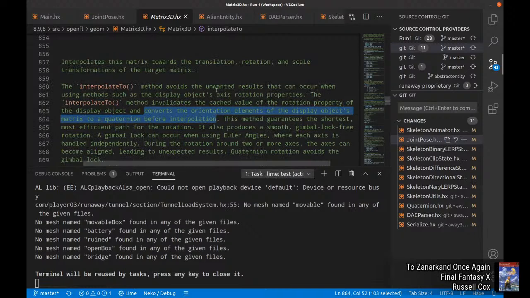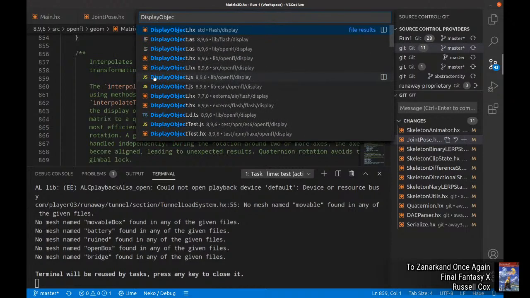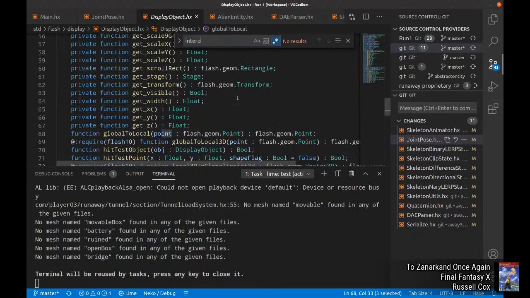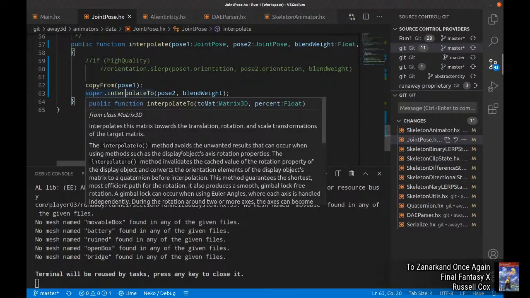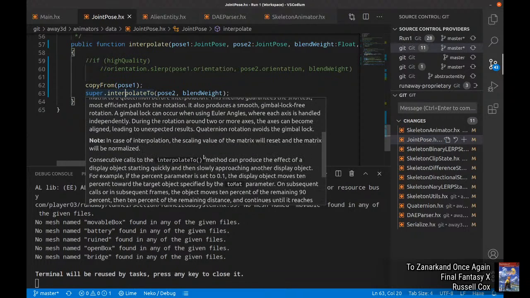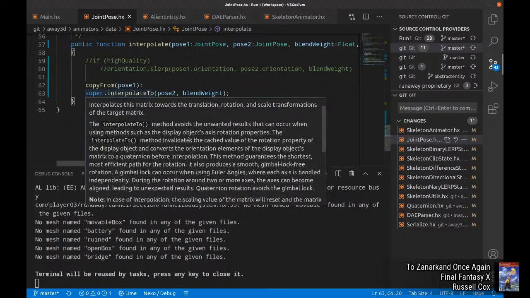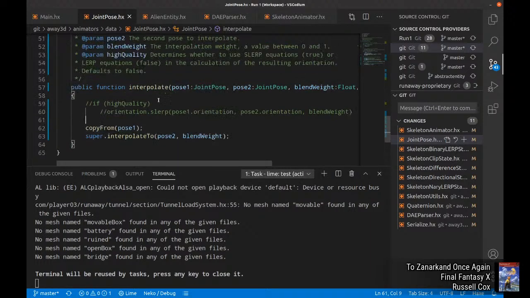I mean, that's kind of a smart thing to do, but that's documentation for something else. My guess is that was documentation from Flash, from ActionScript 3, which did something a lot more complicated. I don't know if this is better.